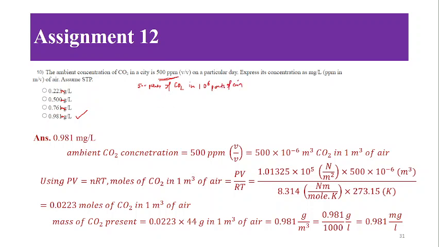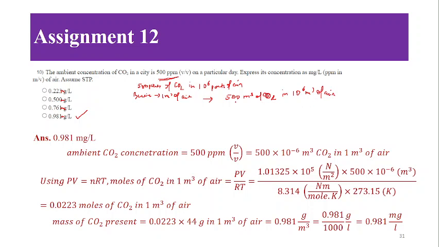So if you take some basis, I take the basis as 1 meter cube of air. So using this basis, we can say that 500 meter cube of CO2 in 10 to power 6 meter cube of air.